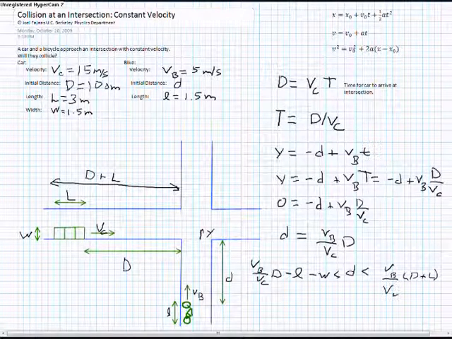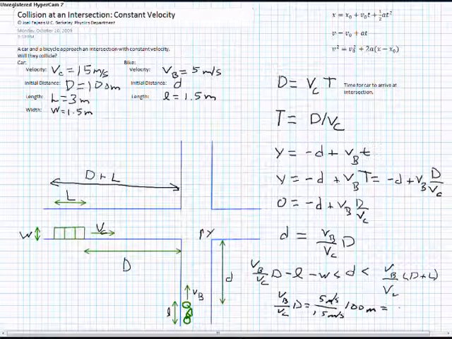Finally, we're ready to plug in the numbers. We've got VB divided by VC times D, which is 5 meters per second divided by 15 meters per second times the distance big D, which is 100 meters, and that's approximately equal to 33.3 meters.